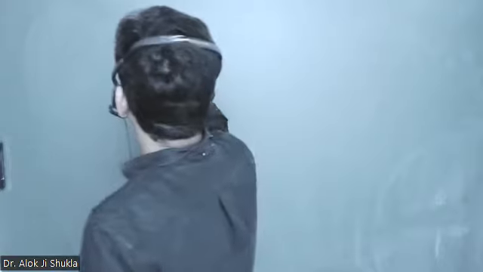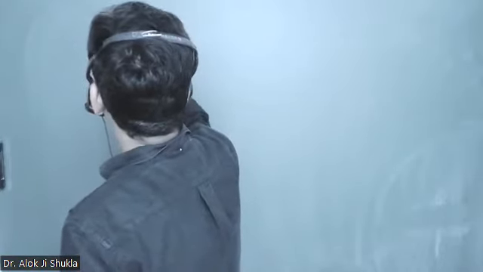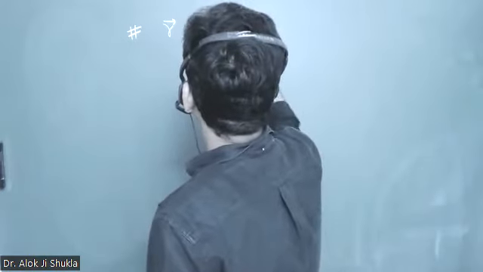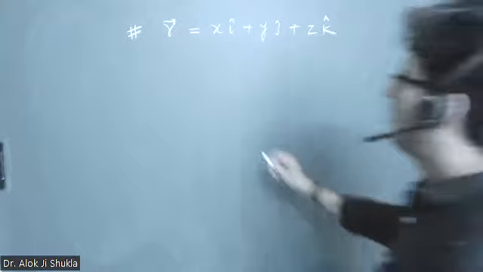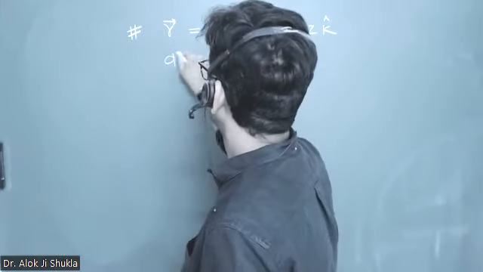Now I want to just discuss, suppose I have R in Cartesian coordinates, and it is given by x i cap plus y j cap plus z k cap. This is the value of R. If I want to write a small increment dr, what will it become?